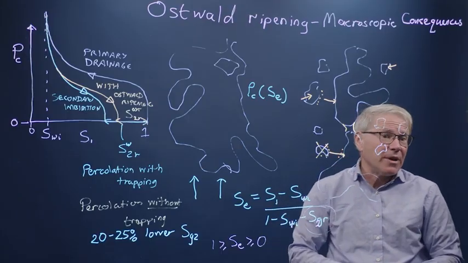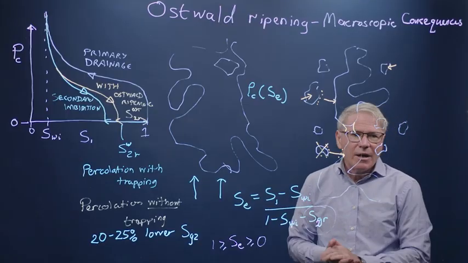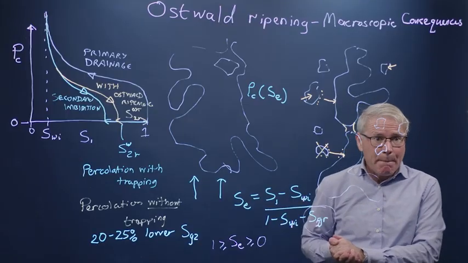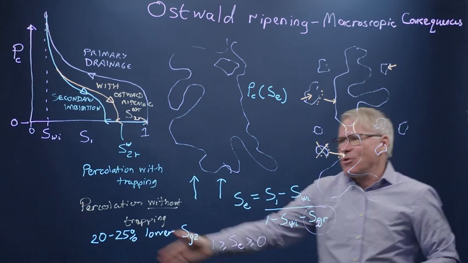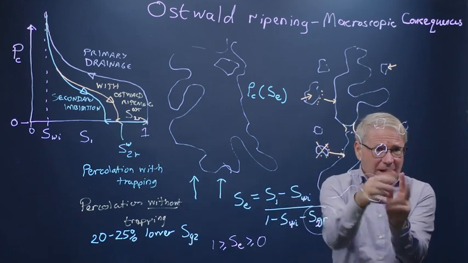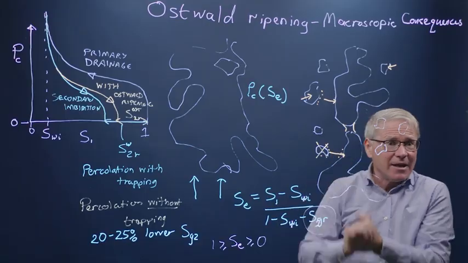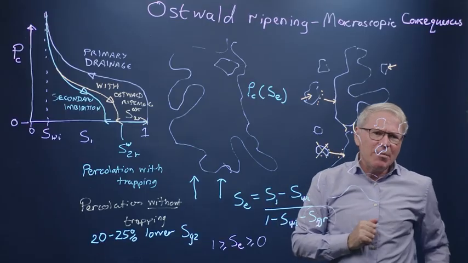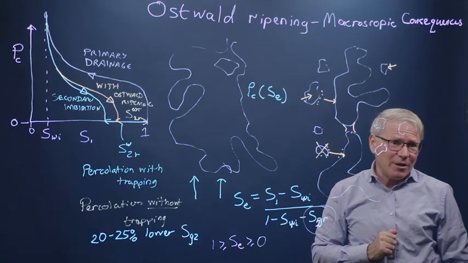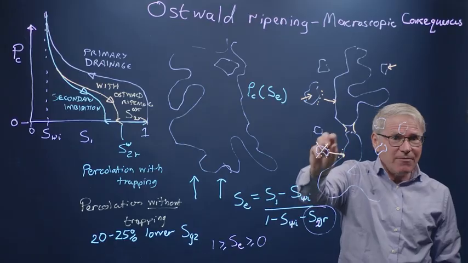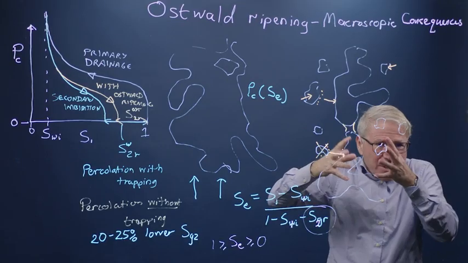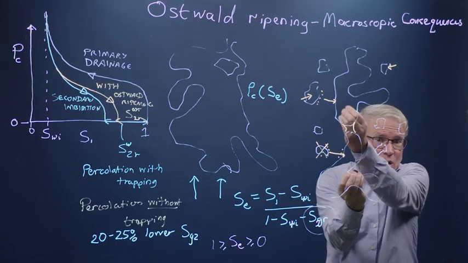Now, just 2 more things to note. What you might also consider doing is an experiment where you do the experiment quickly, you then look at the ganglia rearrange, and then you see how much more you can displace because the ganglia do reconnect. Problem is, it turns out to be really subtle because this process involves both imbibition, because some of the ganglia shrink, and drainage.